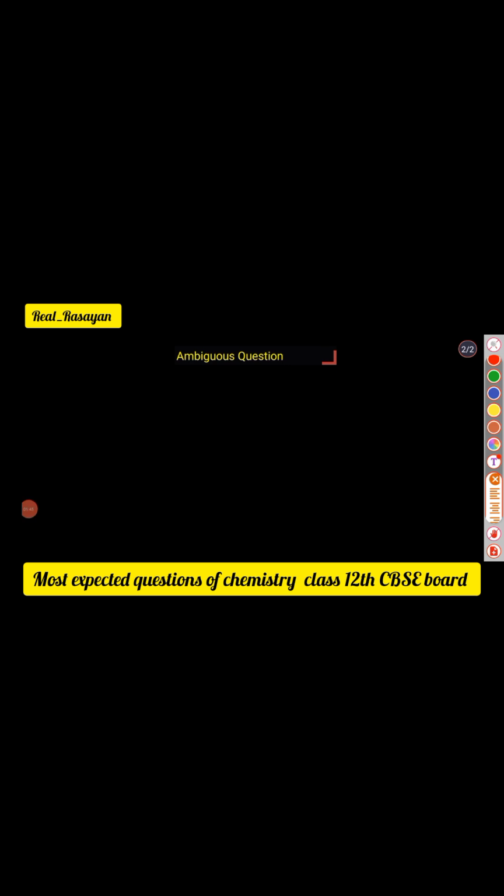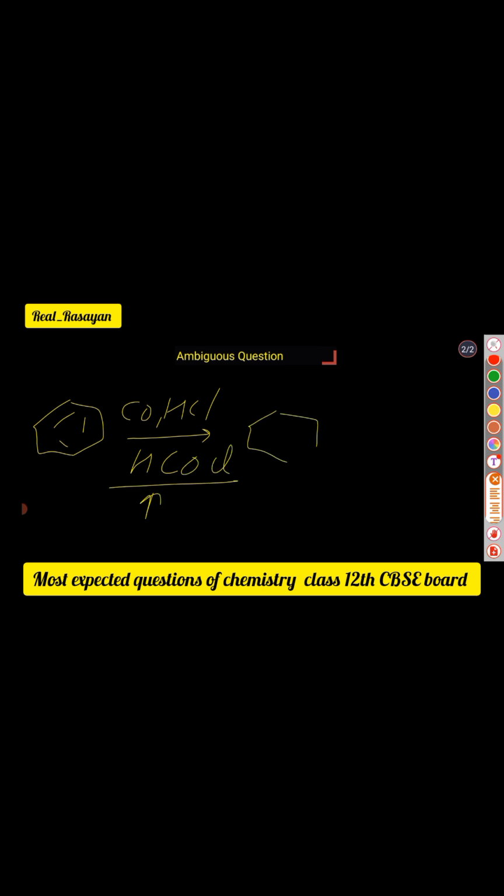Next question is, if benzene is treated with carbon monoxide and hydrochloric acid, it will form HCOCl, or the formylation of benzene. Then the product will be benzaldehyde.